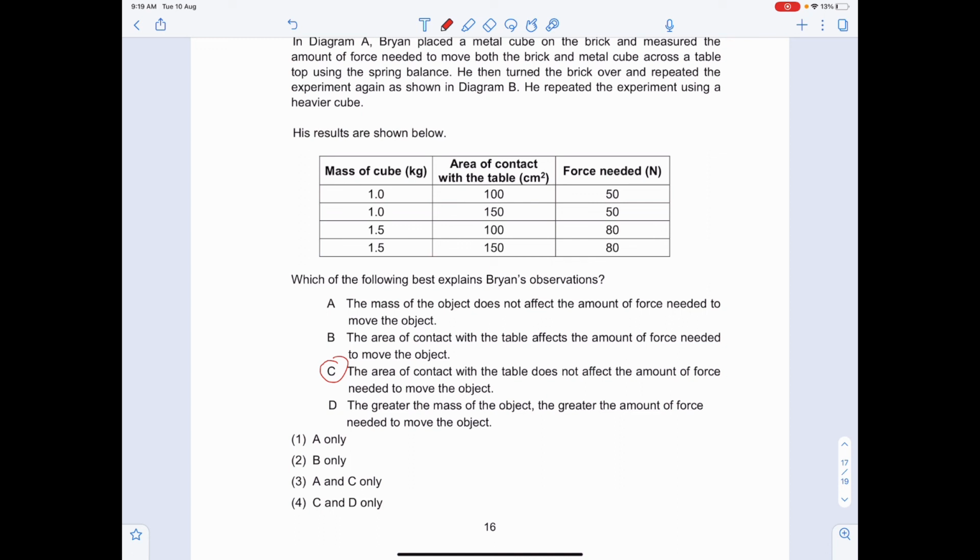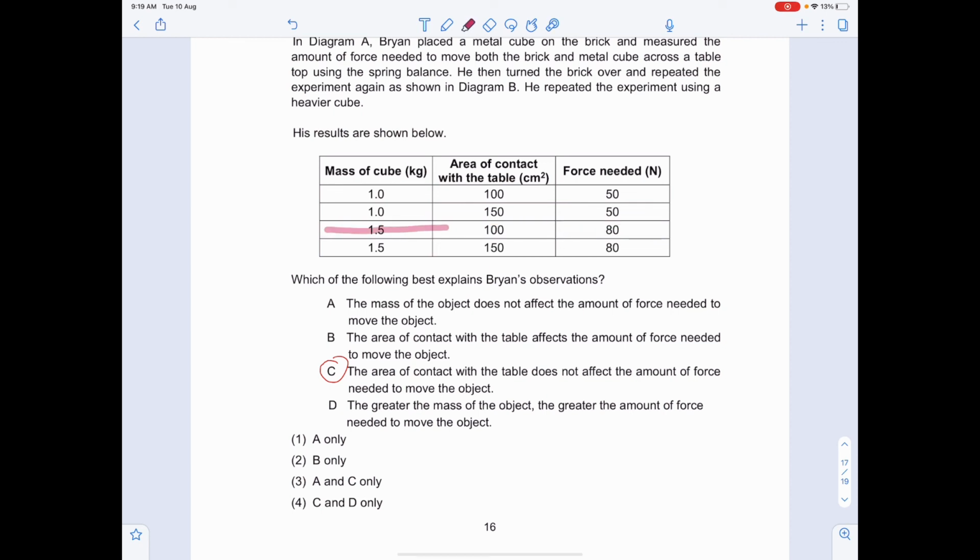Now, you will also notice another thing, and that is the greater the mass of the object, the greater amount of force is needed to move the object. So how do we know that? At 1.5, of course you have to look at the one with the same area of contact.